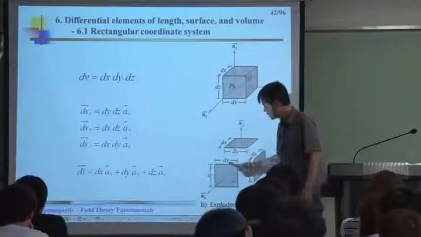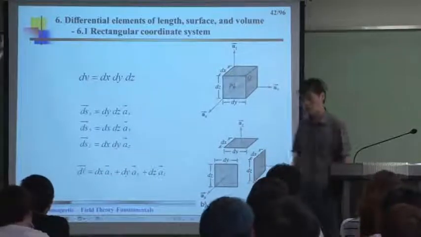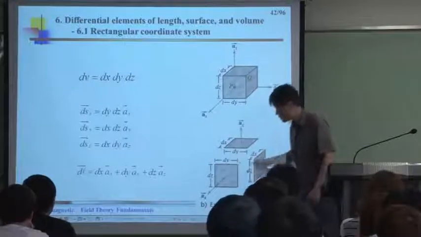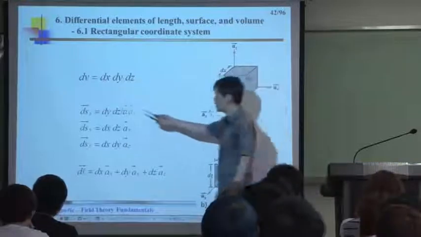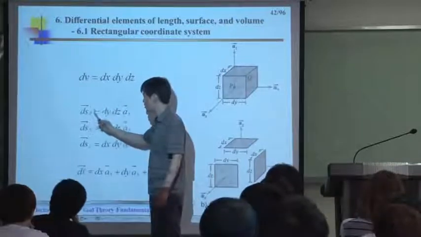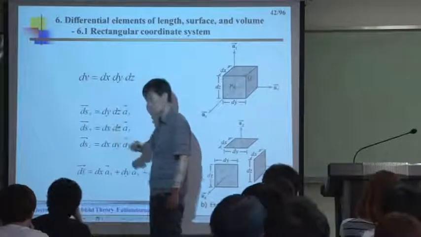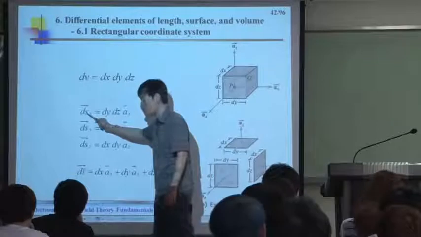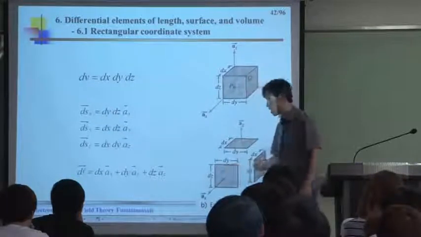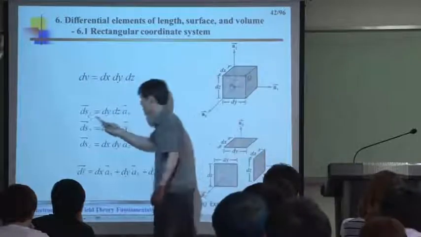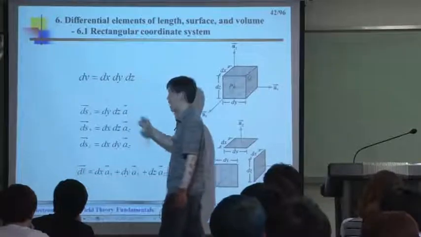So as you multiply the dy dz, then you can get the area of this surface. And this surface is designated by the Sx. So S means the surface, and the x means this surface is normal to the x direction. So the Sx is dy dz, and the direction is x axis.